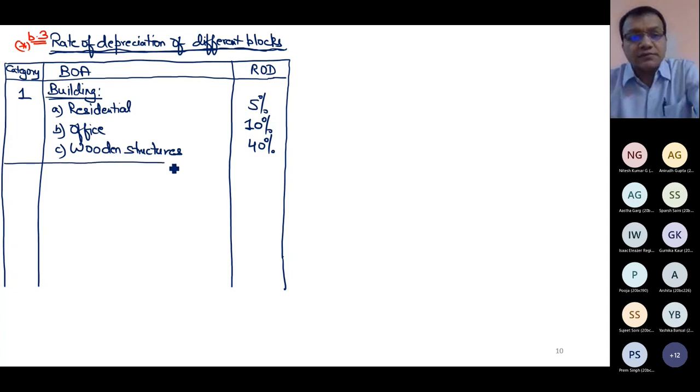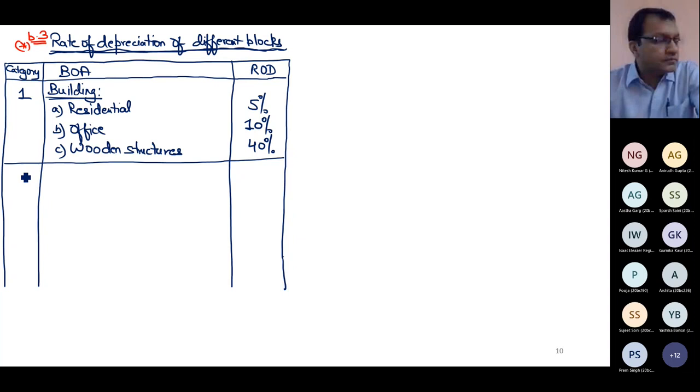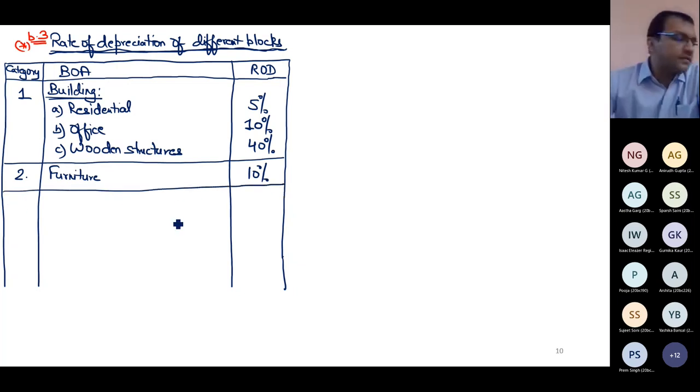Furniture is my second block. Flat 10%. In machinery and plant, technically the Act uses the word machinery and plant, though we can call it plant and machinery also, but as per the Act, I'm using the language machinery and plant.